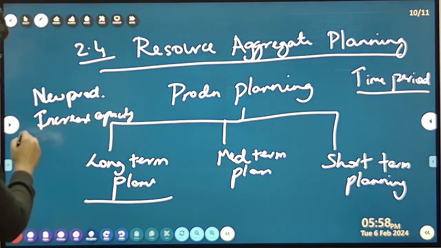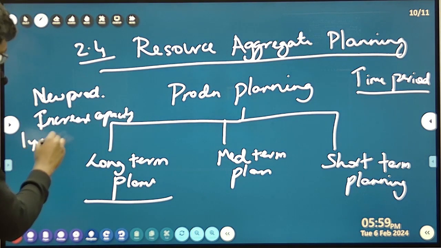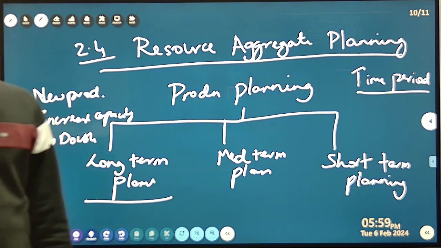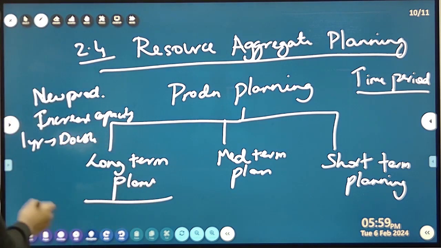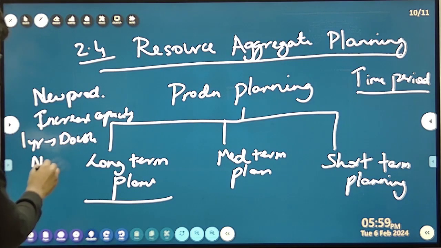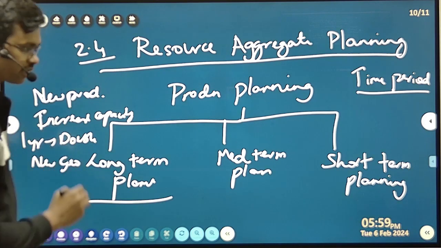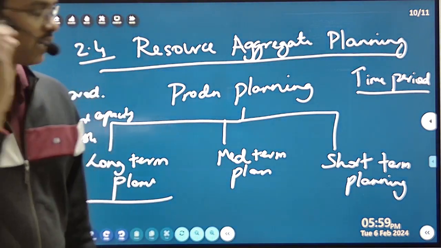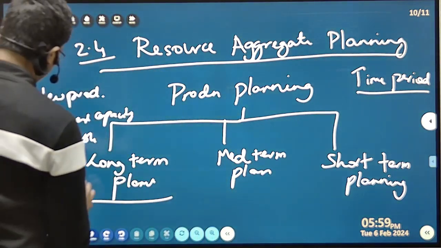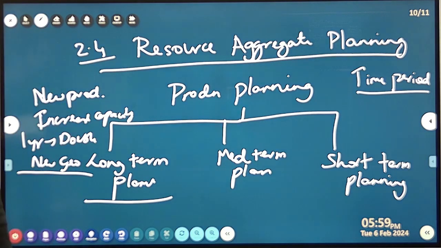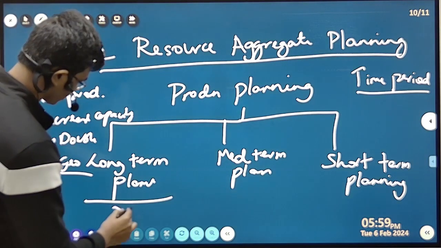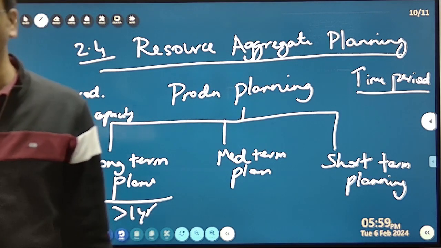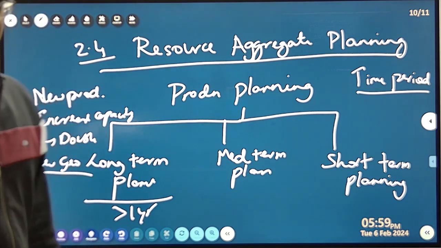Maybe 1 year down the line we want to double our capacity, right? Or you want to expand into a new geography, or enter new marketplaces, right? These decisions are taken in long-term planning. We are looking at an outlook that is greater than 1 year.